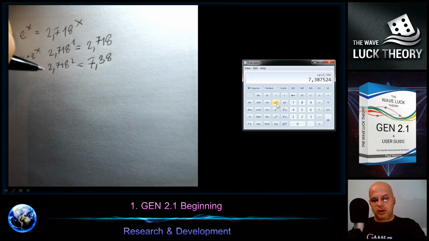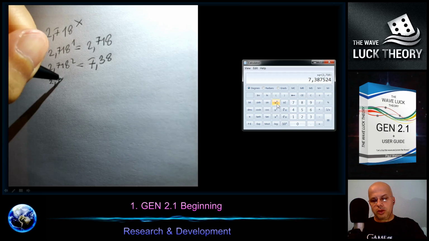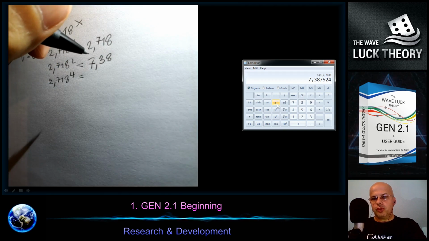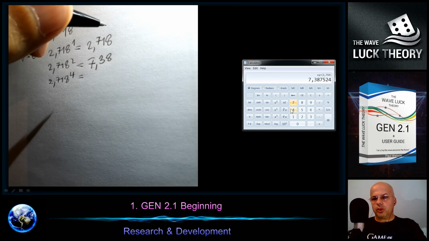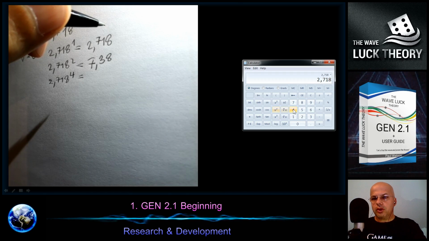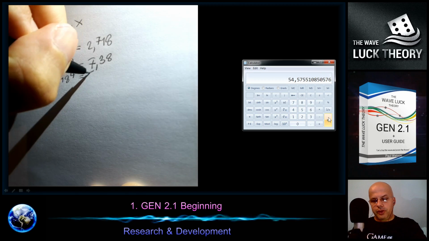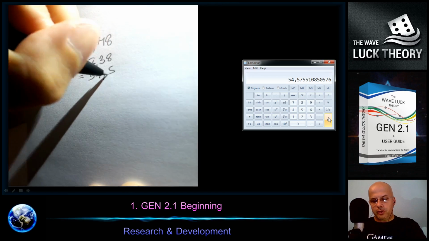Then we can try 2.718 to the power 4. It can be also 3, but I can calculate only something. So 2.718 to the power 4 is 54.5.